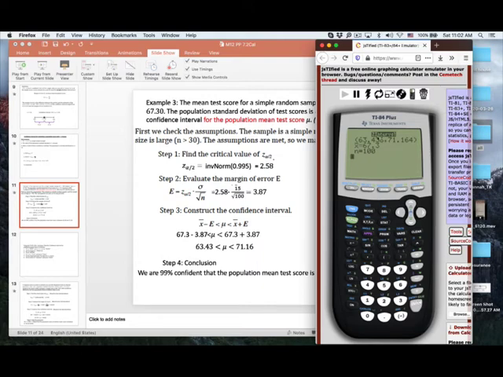Okay? Go to calculate. Enter. So you're gonna see this is gonna be the confidence interval, 63.43 to 71.16. You could see my calculation here is a little bit off. I wanted 63.44, but here I only got 63.43. It is because for my critical value, I only take like 2 decimal places.